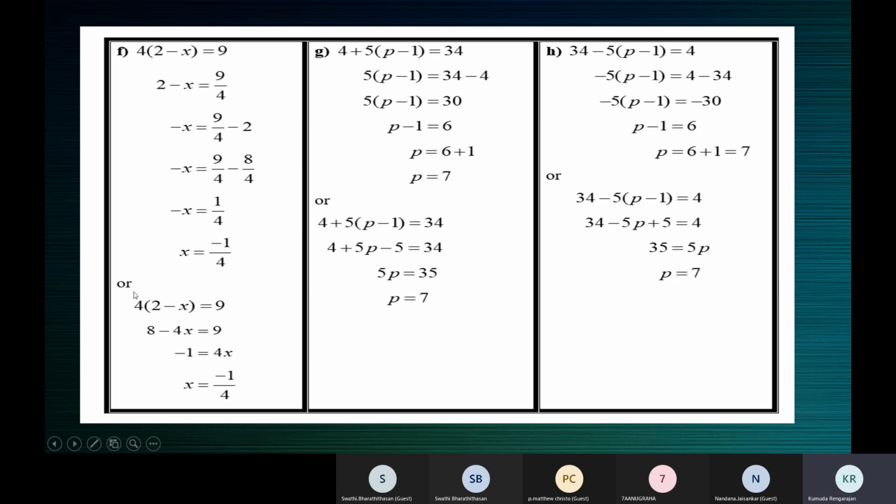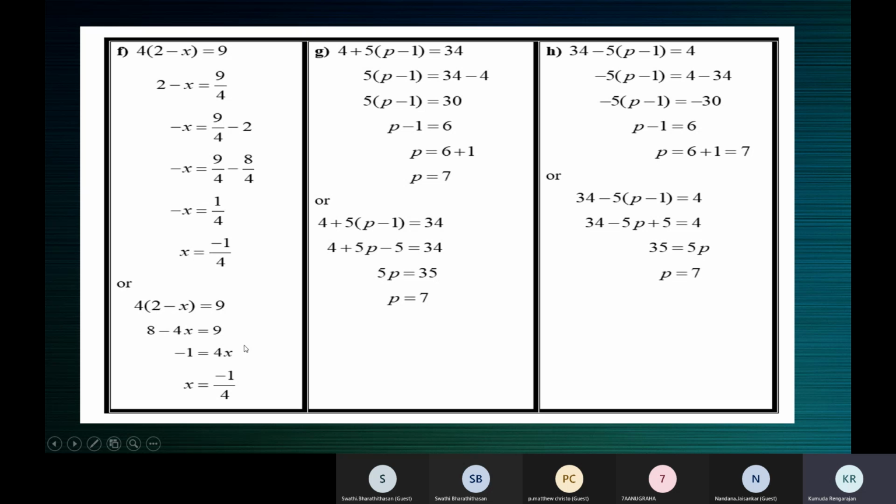Next, we have to multiply 4 and x. We know that 4 into x is 4x. 4 carries a plus sign and x a minus sign. Plus into minus is minus. So we have 8 minus 4x is equal to 9.